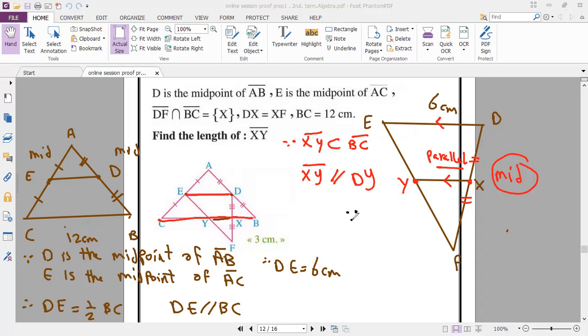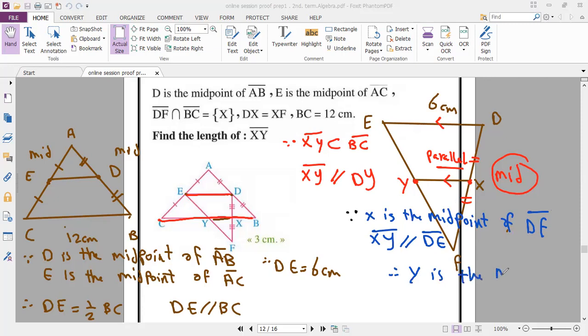Since X is the midpoint of DF, and XY is parallel to DE, then we deduce that Y is the midpoint.